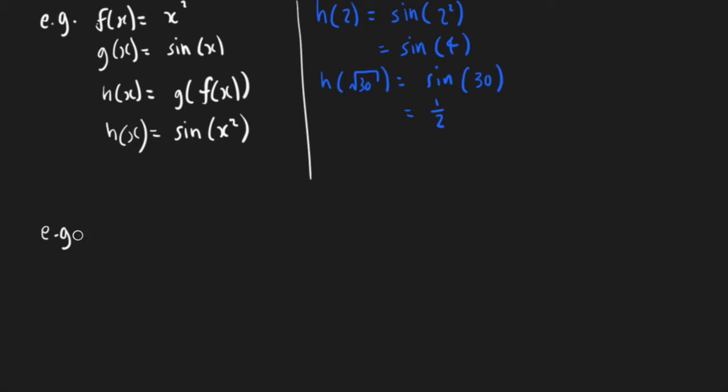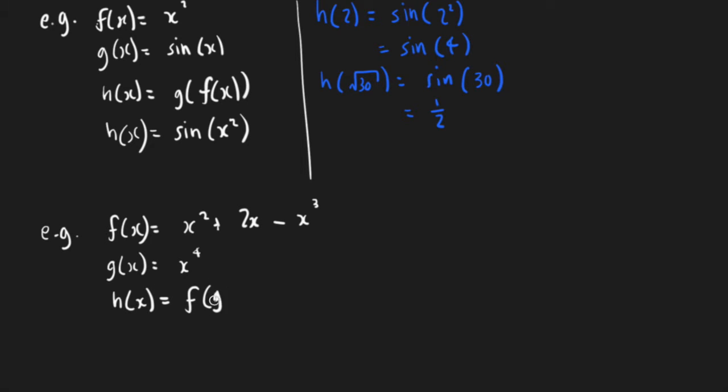I'll just give you one more example, which is, we'll have f of x equal to x squared plus 2x minus x cubed. So this is a cubic, and we'll have g of x equal to x to the power 4. I'm going to put the g inside the f. h of x is going to be equal to f of g of x.